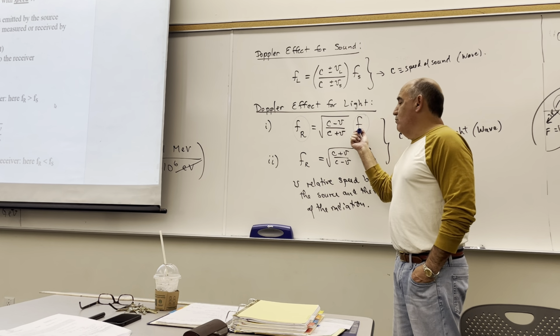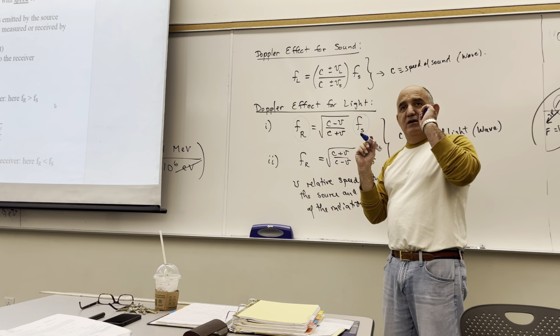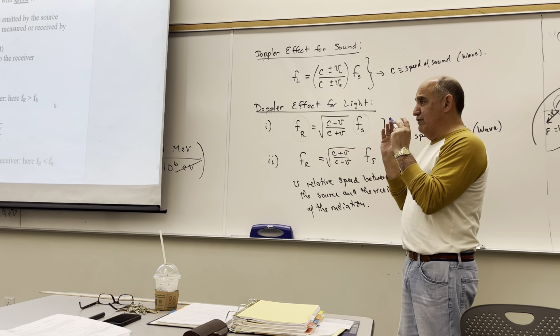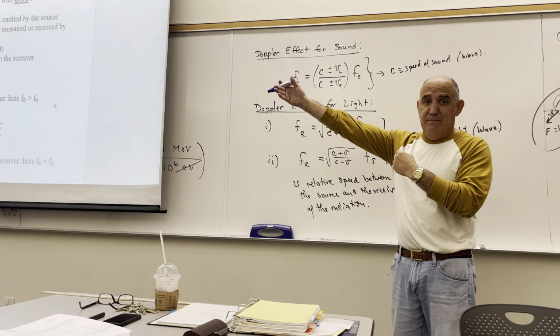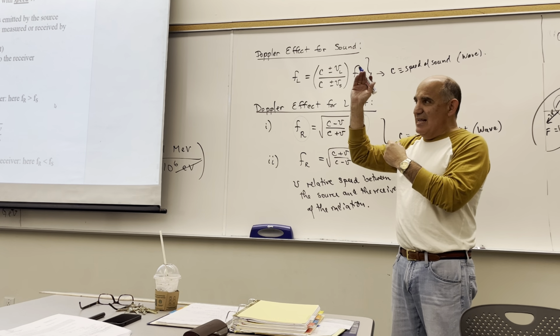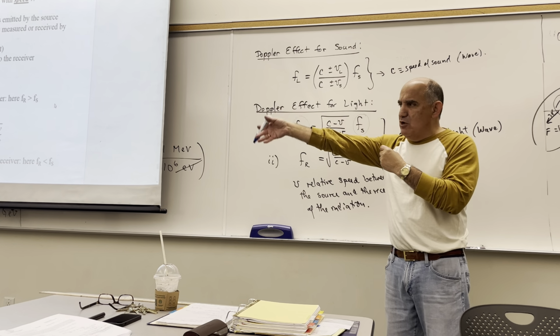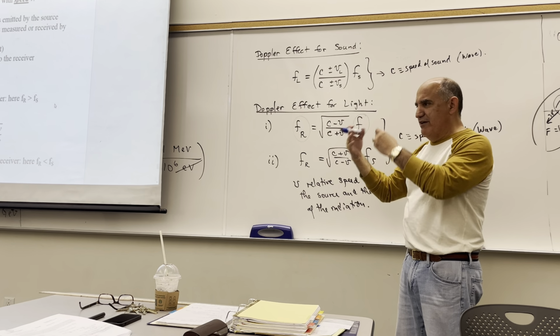Therefore, what must be happening to the source? If you pick up a frequency of light that's smaller than the frequency being emitted, is that source moving away from you or towards you? It's moving away, right? So in this case, the source is receding from the observer. We don't say the listener because you don't listen to light. You can observe it, but not listen to it.